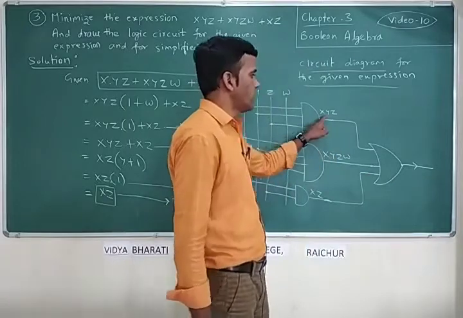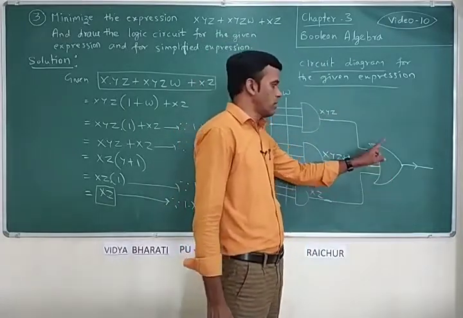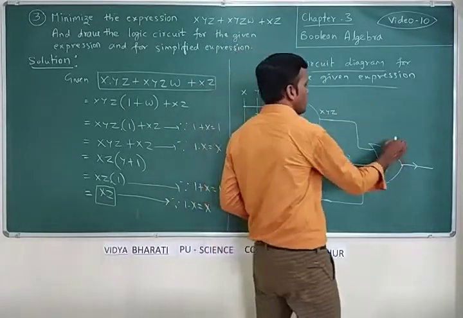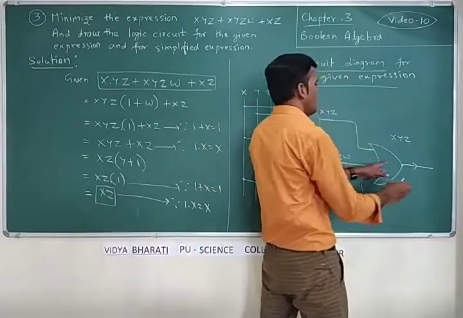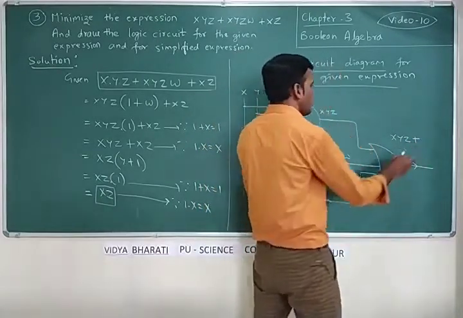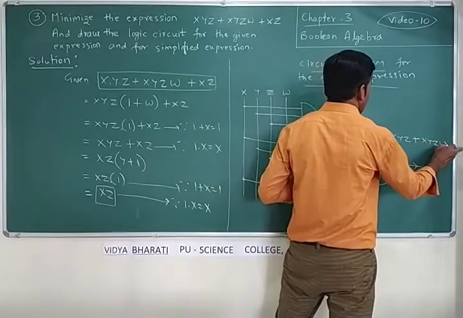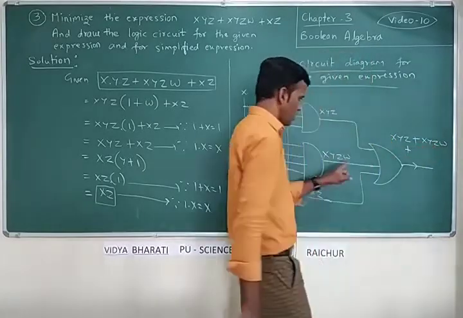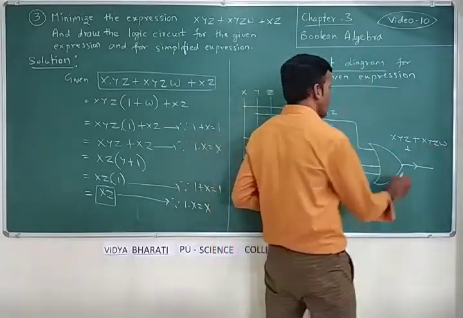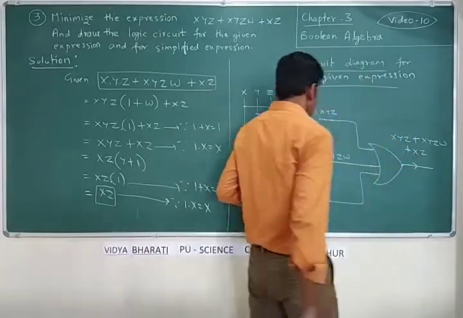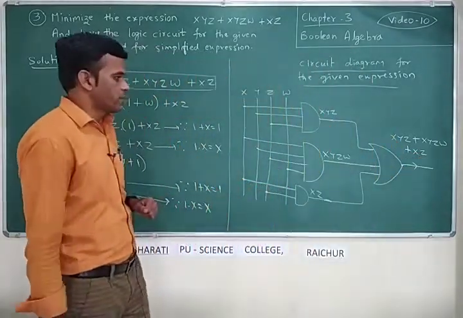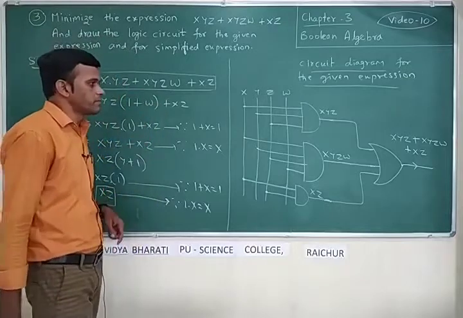Here it is nothing but the given expression. Because of the OR gate, it is X Y Z plus X Y Z W plus, the last one, X Z. So this is the logic circuit for the given expression.